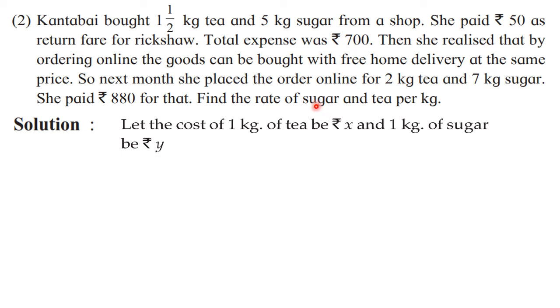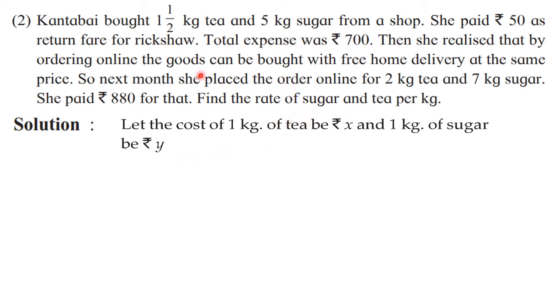No doubt, you can take sugar as X and tea as Y also, but then you need to be careful while writing the equations. In the beginning, to avoid confusion, follow this sequence: for 1 kg tea we take rupees X and for 1 kg sugar rupees Y.